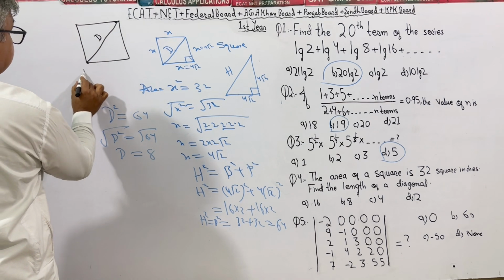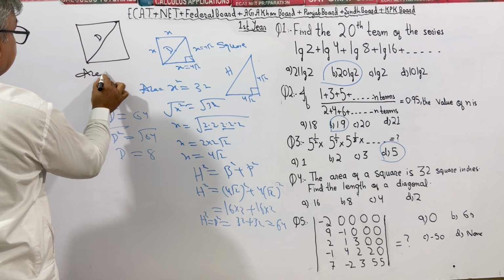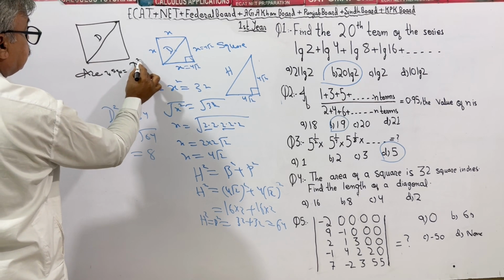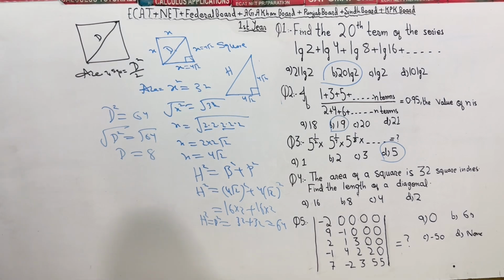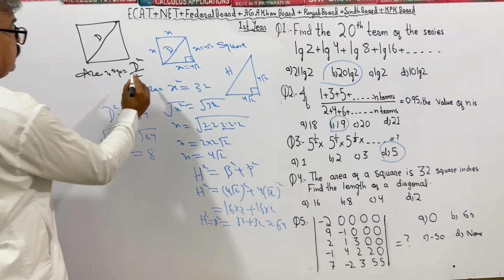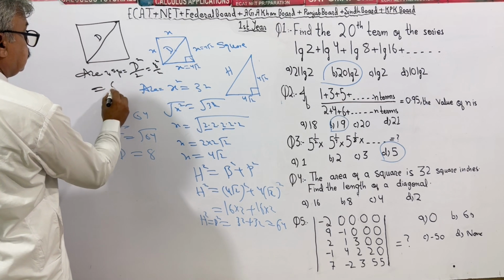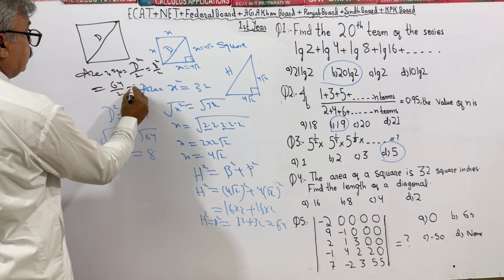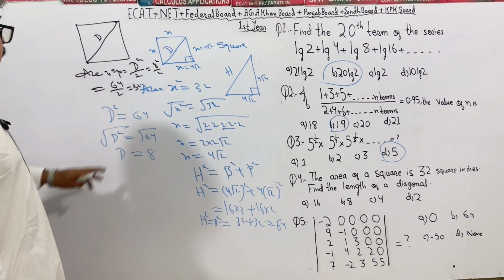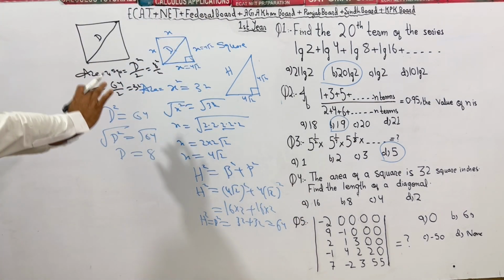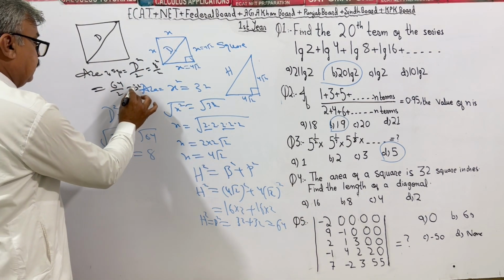When diagonal is given, the area of a square is diagonal square divided by 2. What is our diagonal? That's 8 square over 2, means 64 divided by 2, that's 32. That's also a question of quantitative mathematics. When we have the diagonal, we can easily find its area.